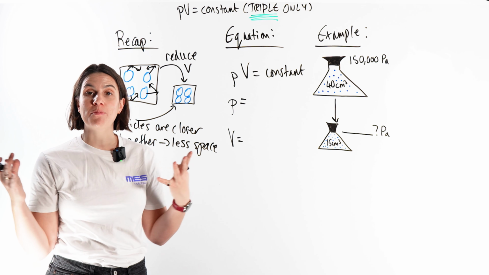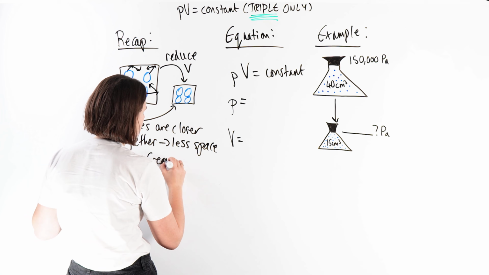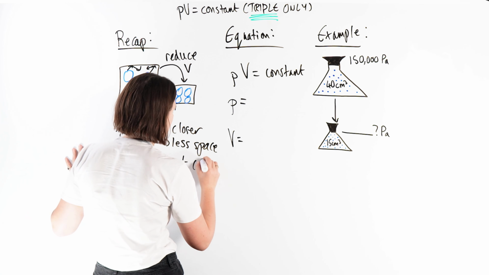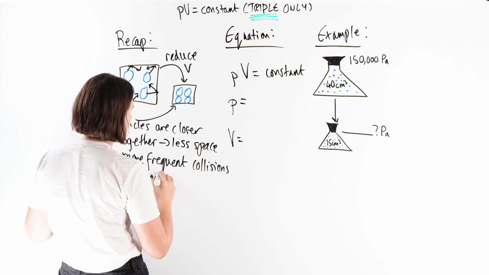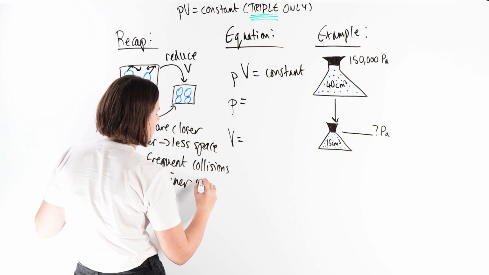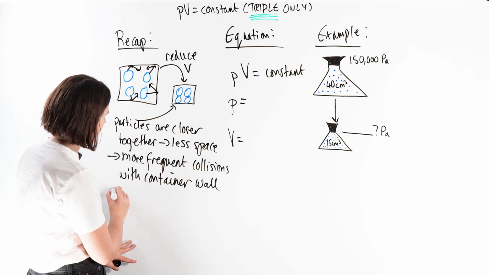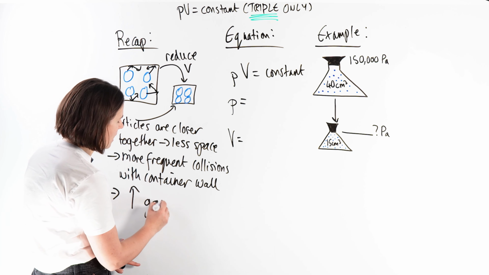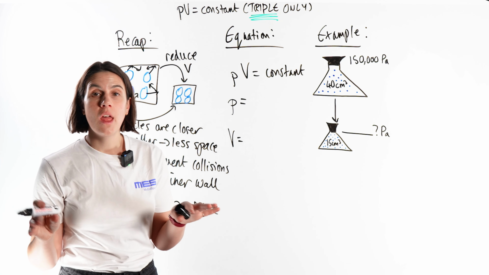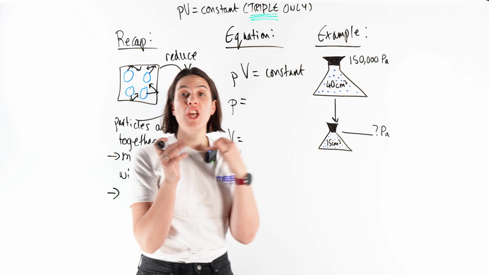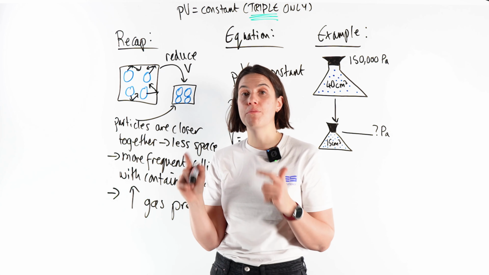Because they've got less space between them, we're going to get more frequent collisions with the container wall, and more frequent collisions with the container wall means that we're going to get an increase in gas pressure.